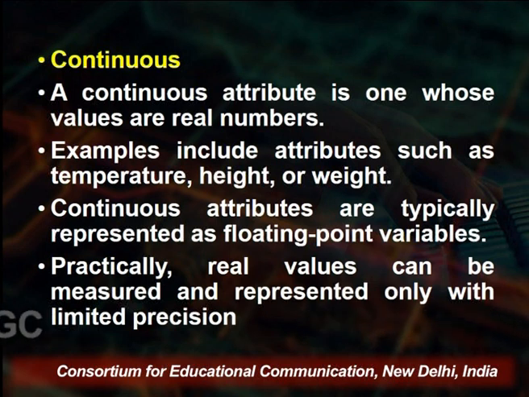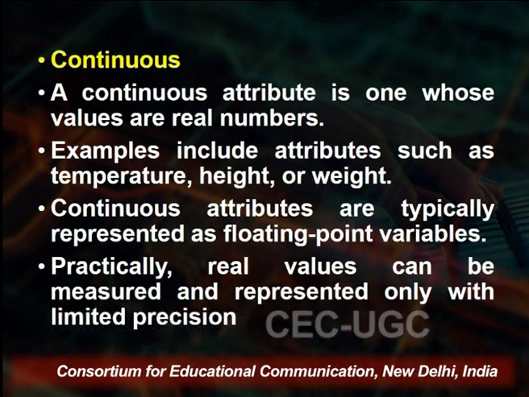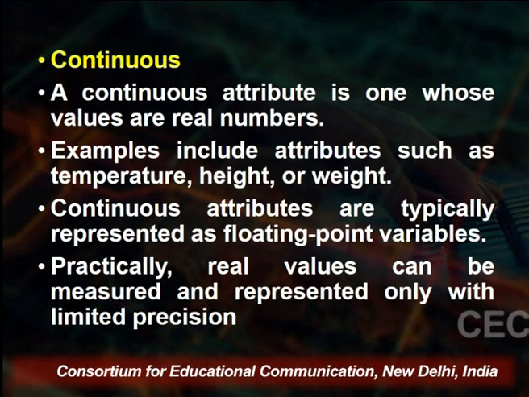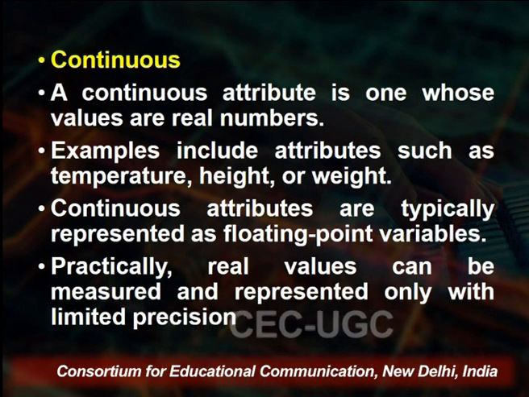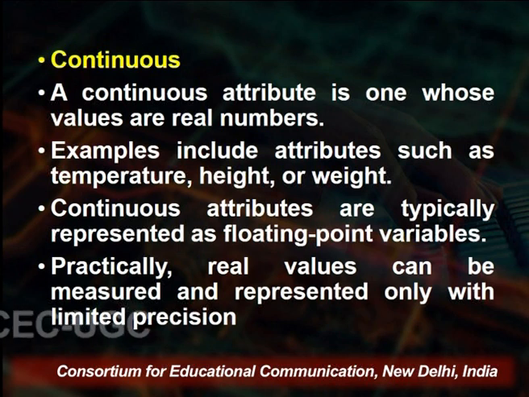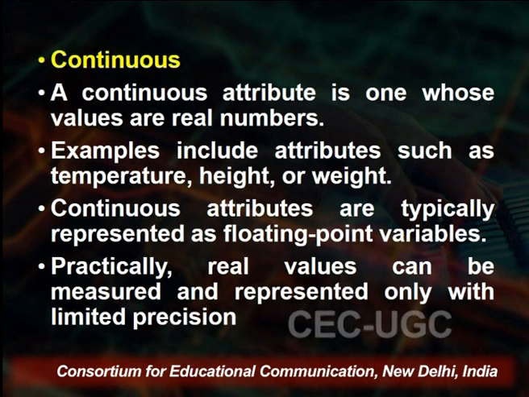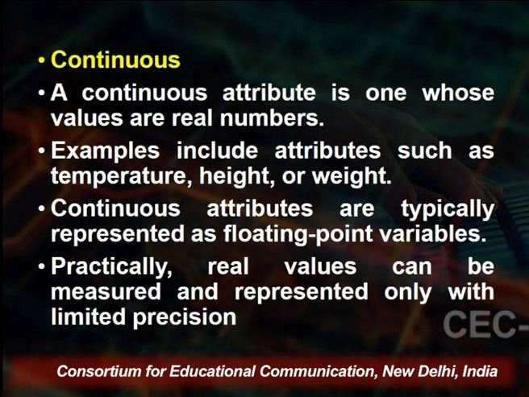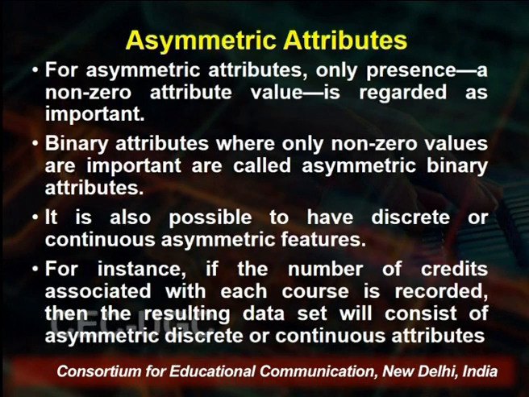For example, temperature, height or weight, where the value can be like 168.2 centimeters, or the weight can be 12.8 kilograms. Continuous values are actually floating point variables, and real values can be measured and represented only with limited precision.